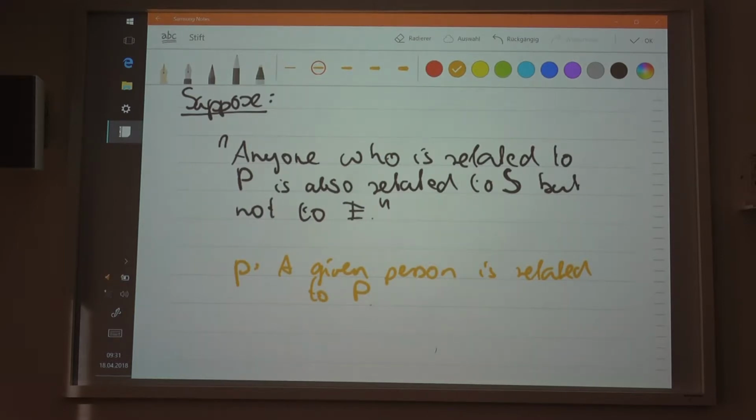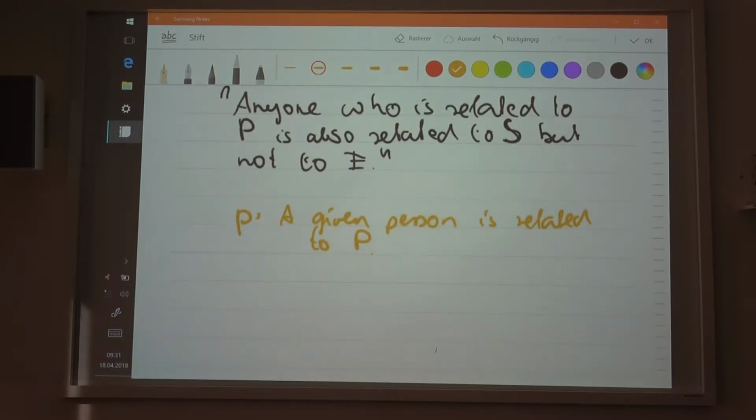So if you write, let's say, small c, then this statement holds true, and then this person is related to Simon, and for the remaining people, analogously.